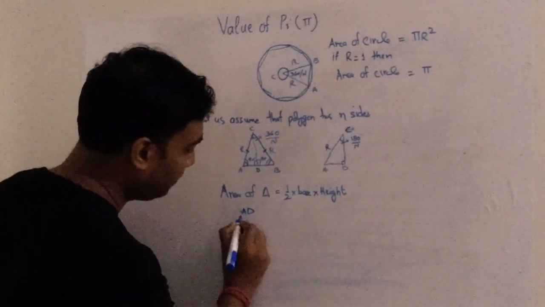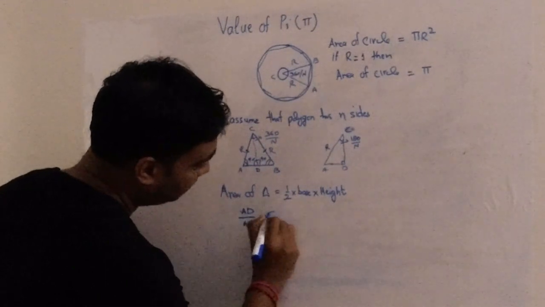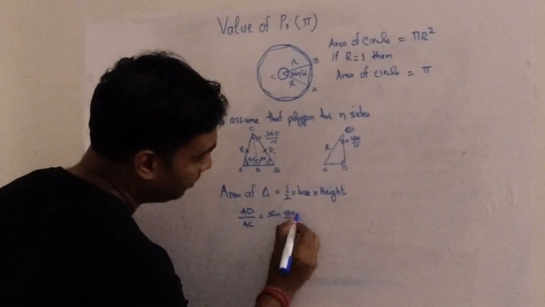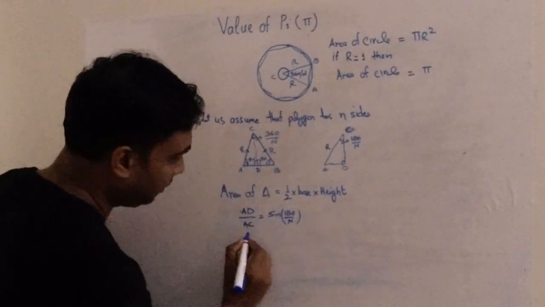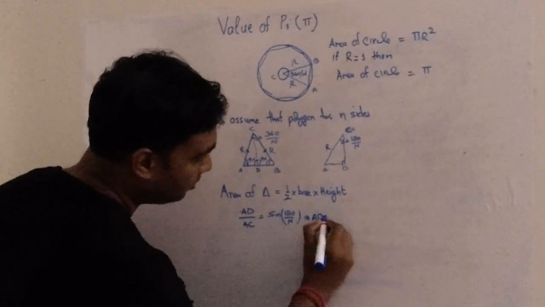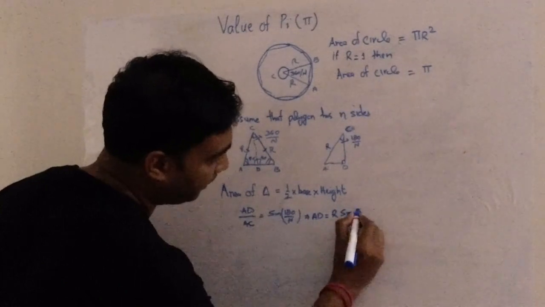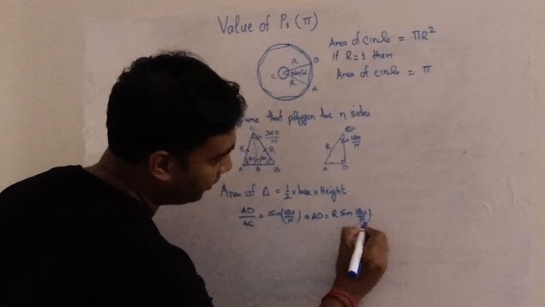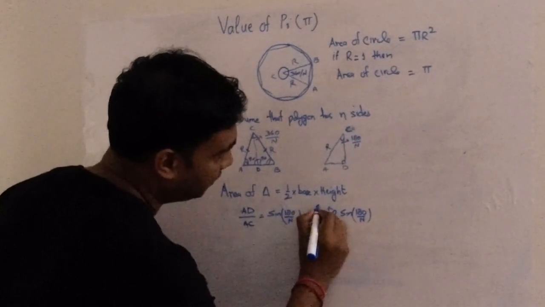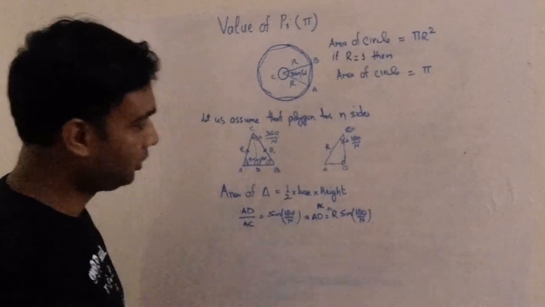So we know that perpendicular, which is AD by AC, will be the sine ratio 180 by n. It implies AD is equal to R sine of 180 by n, where R is AC. Okay, we substituted this.